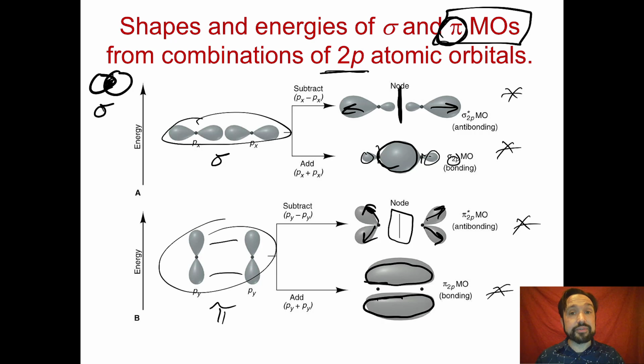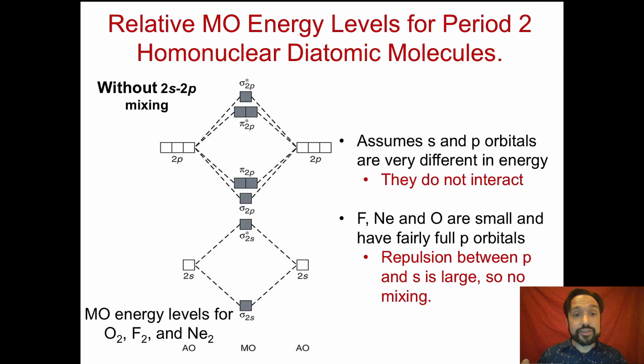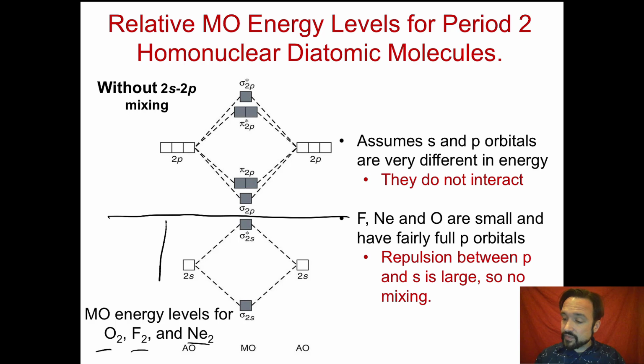Now, of course, we have more than one p orbital. So how does that impact, along with our s orbitals, what's going on with our molecular orbitals? Let's take a look. So here's an example of what we might see for some of our p block elements, specifically oxygen, fluorine, or neon. Now, you'll see right down here at the bottom that these atoms all, of course, have s electrons.